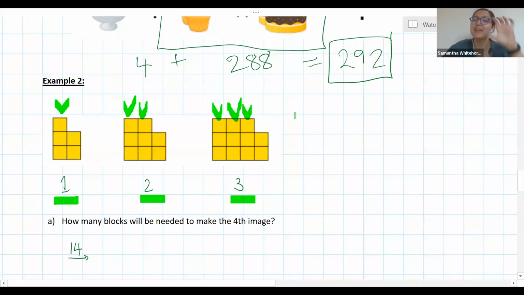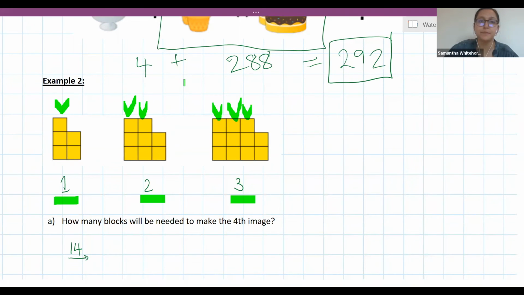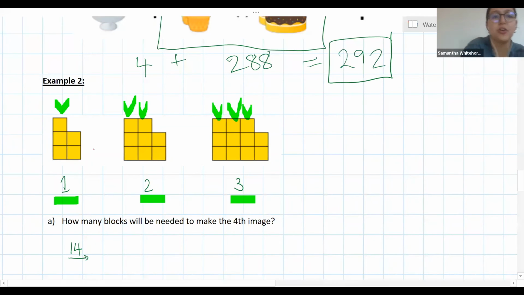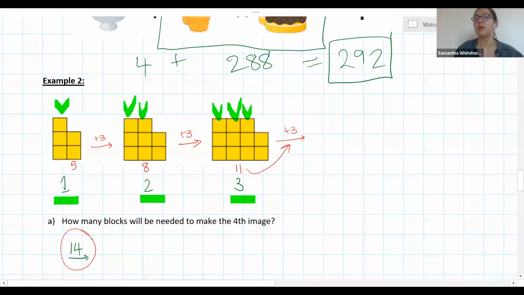So if I'm adding a row of 3 each time, that means that to go from one picture to the next, I'm adding 3 blocks. If I now want to get to image 4, I need to add another 3 blocks. If I count how many blocks I have, I've got 5, then 8, then 11. And if I add 3 to the 11, I get those 14 blocks.